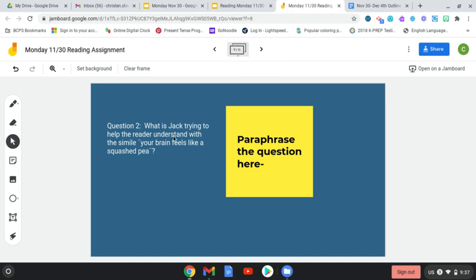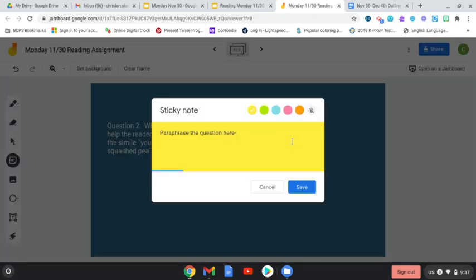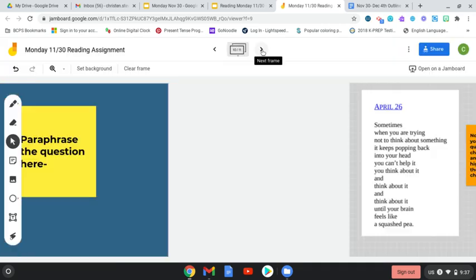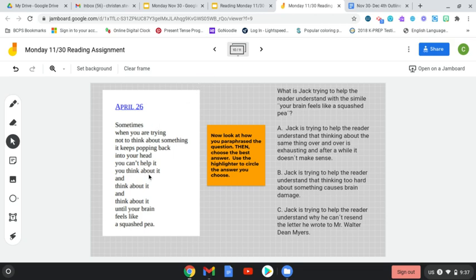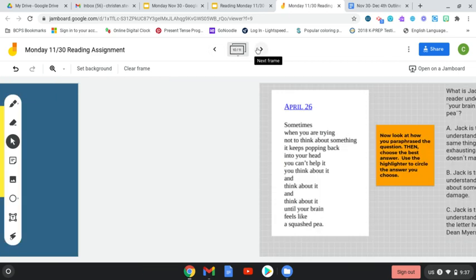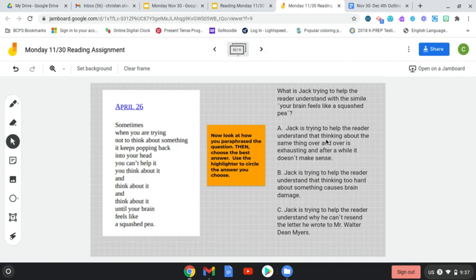Take what you thought was most important, click on the sticky note, and rewrite the question in your own words there to show that you understand it. Okay, reread this again. Think about how you paraphrased it on this slide, and then try to answer that question. Here are your answer choices.